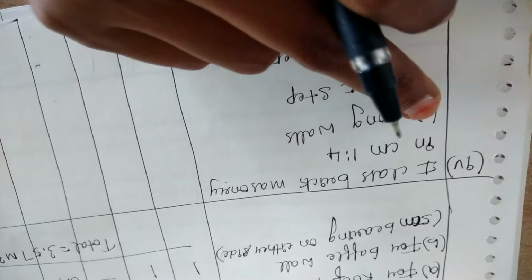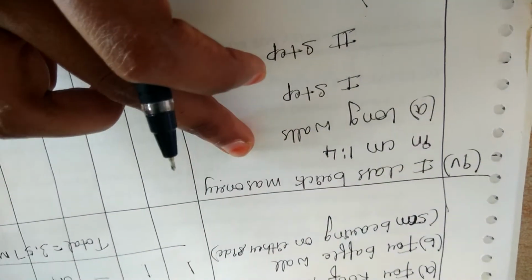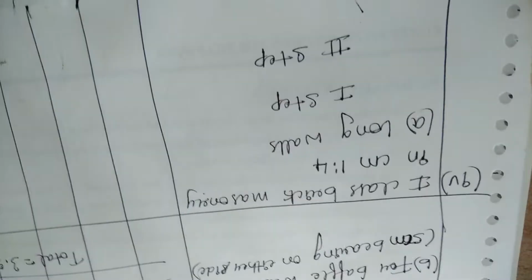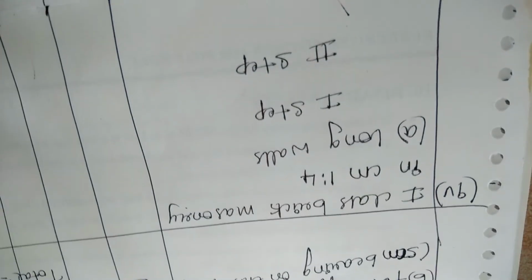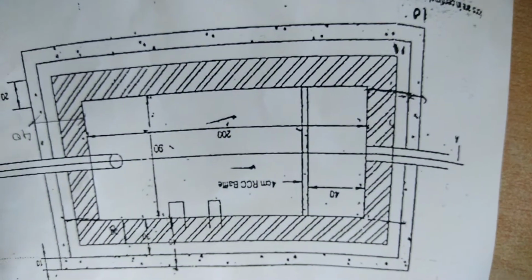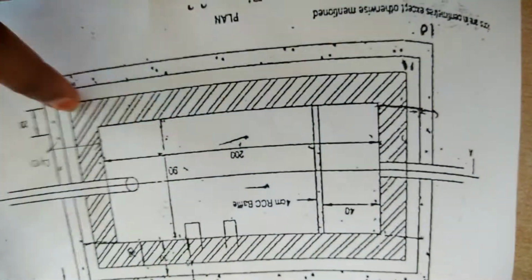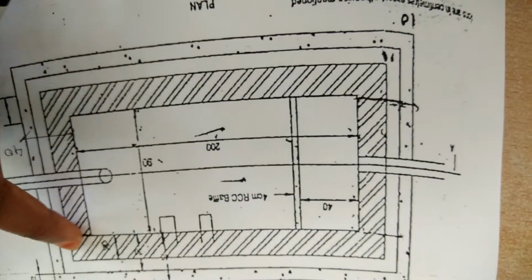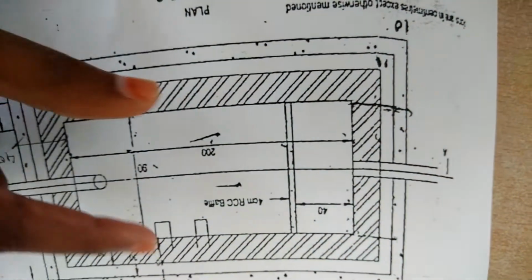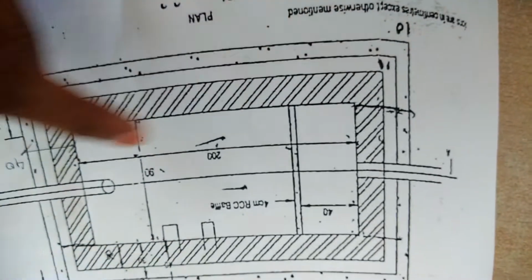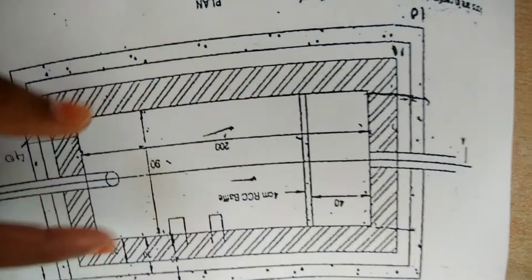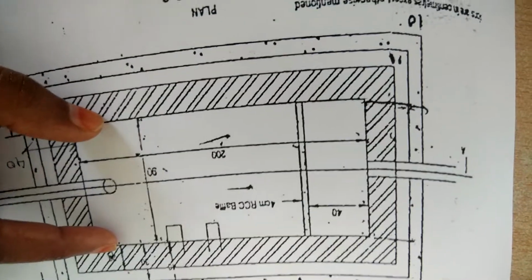Let us move to the fourth item. The fourth item of work is first class brick masonry in cement mortar 1:4. Here we will be dividing this into two parts, one as the long wall, other as the short wall. From the figure, the horizontal value is much greater than the vertical value.